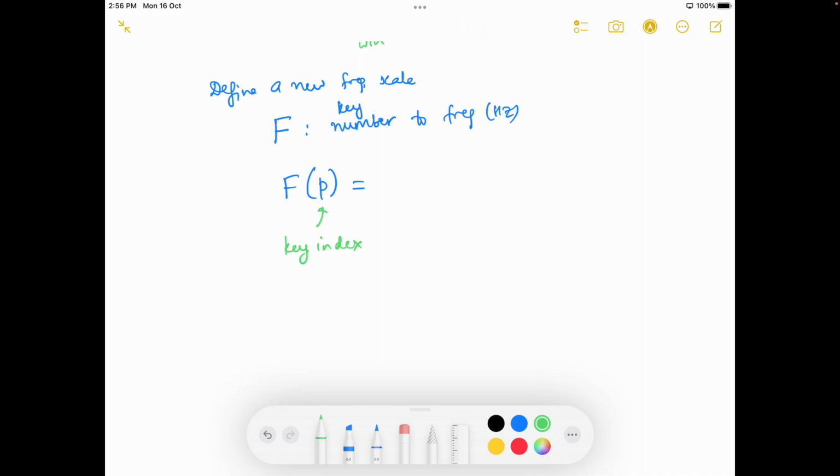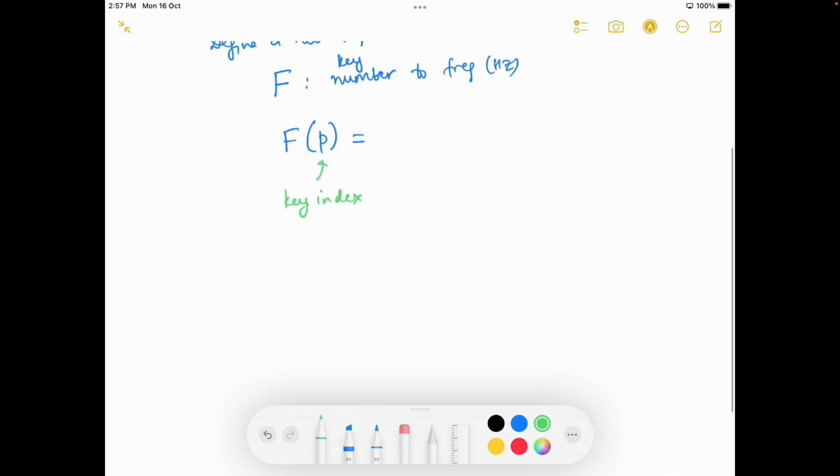So what is the ratio? There are total 12 keys in an octave. This is C, then 1, 2, 3, 4, 5, 6, 7, 8, 9, 10, 11, 12, and then again a C.